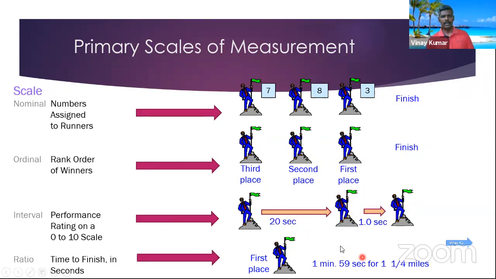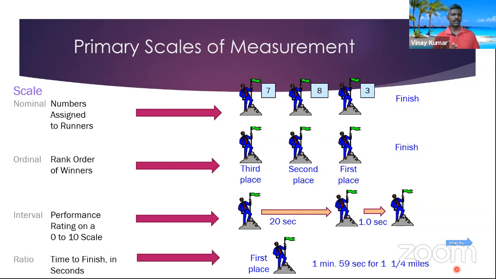And finally, we have ratio scale, which has got all the 3 properties of measurement and gives an accurate picture of what is actually the performance of an athlete. So these are the 4 levels of scales of measurement.